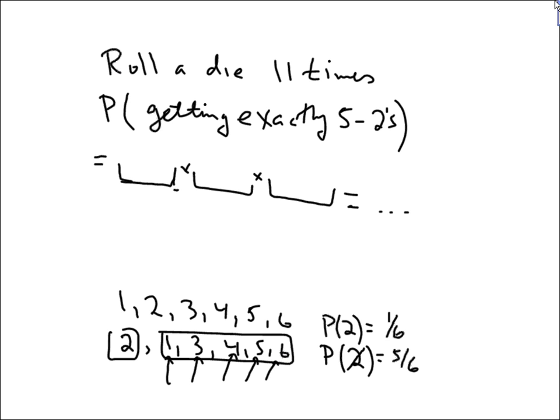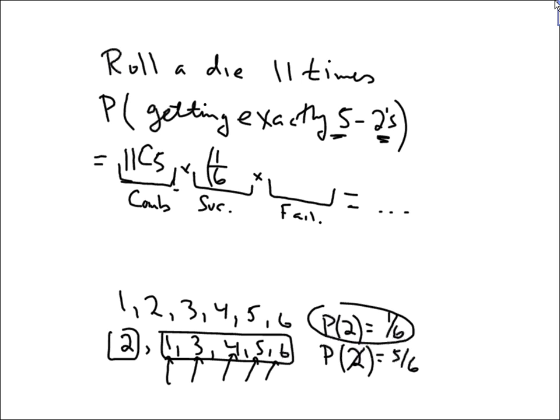Okay, so we're doing an experiment 11 times, and we want to get exactly 5 2s. So that's the combination part. You have the success portion and the failure portion. Success is getting a 2. That happens 1/6 of the time.